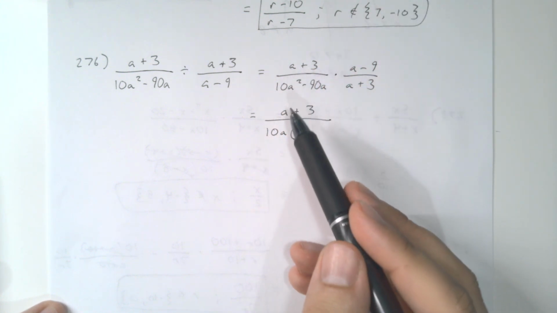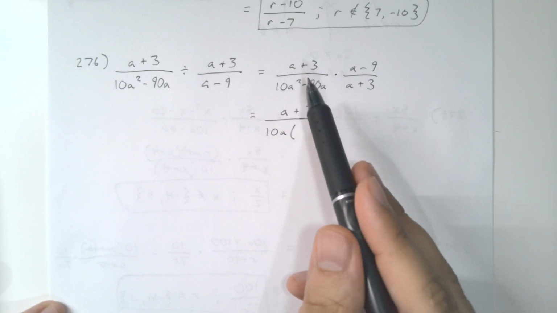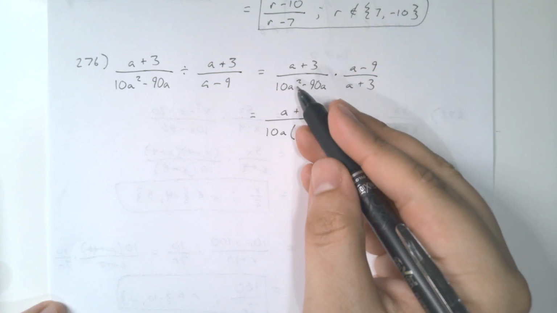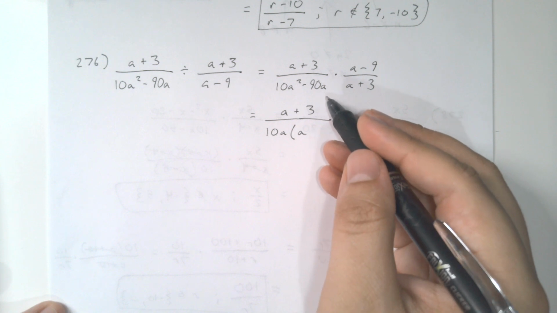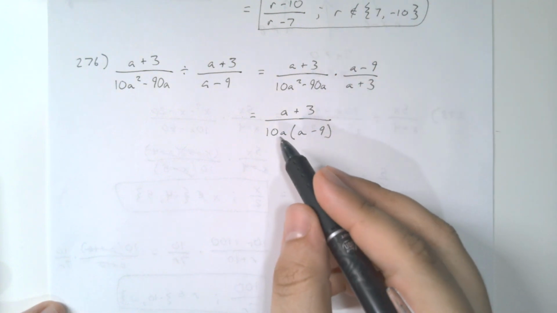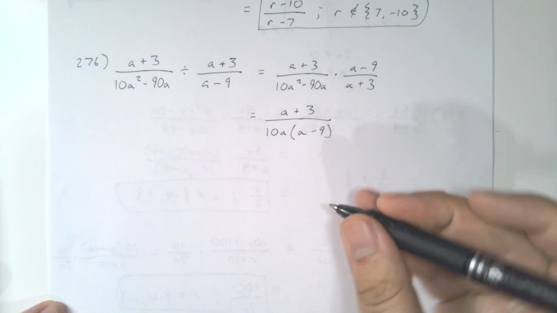So that just leaves us, we have 10a times what gives us 10a squared? Well, 10a times a gives us 10a squared. And then 10a times what gives us negative 90a? Well, minus 9. So 10a times negative 9 is negative 90a.